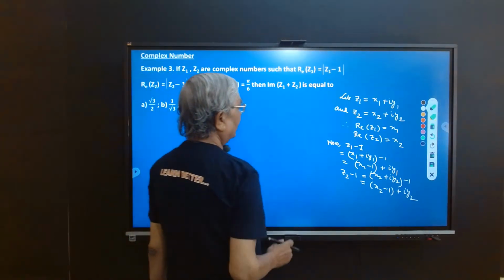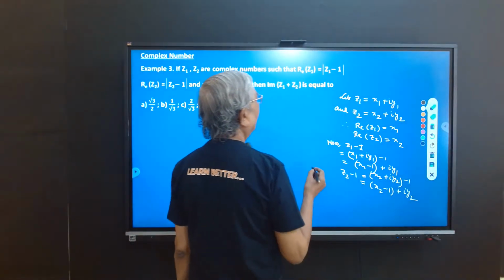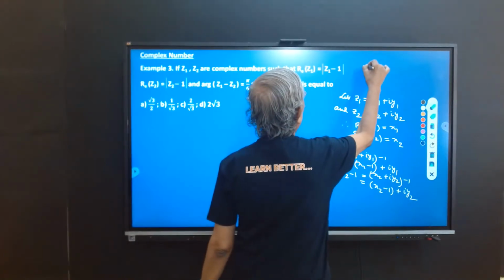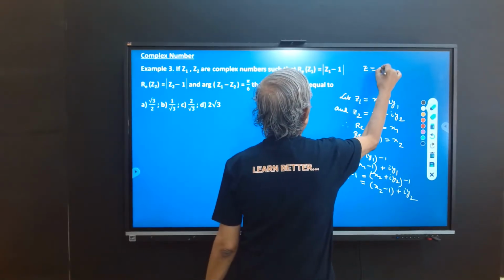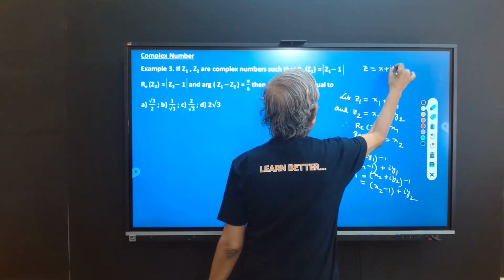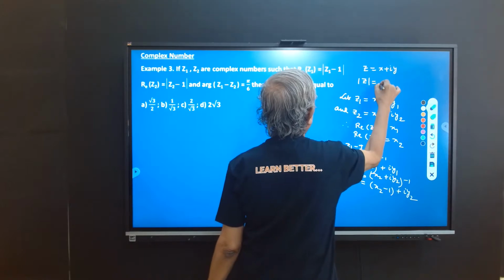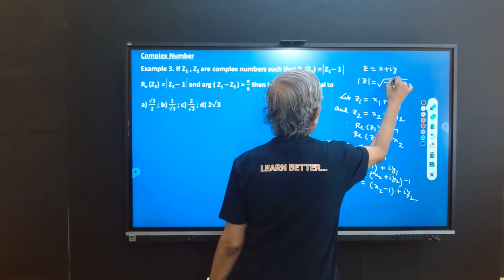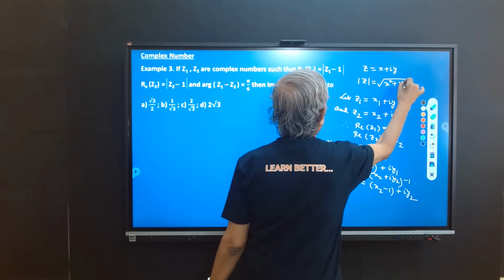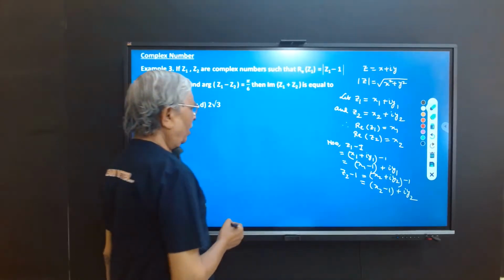What will be their modulus? We know that if a complex number is of the form z equals x plus iy, then the modulus of z is the positive square root of real part square plus imaginary part square.